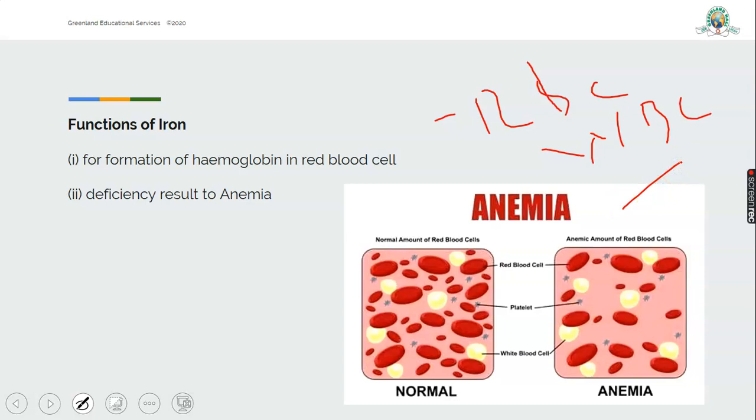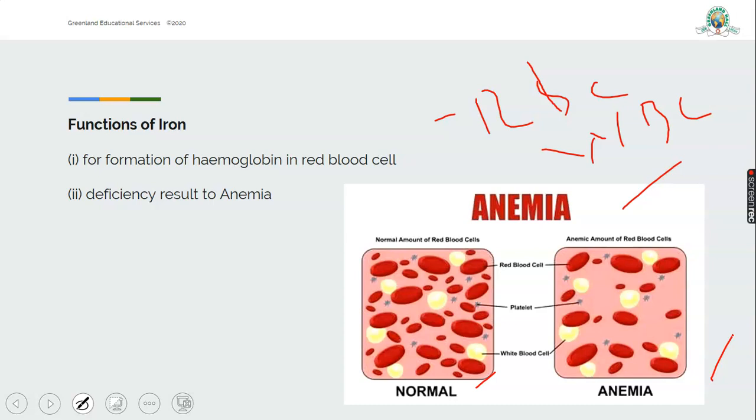Now, look at the two diagrams there. The normal and the anemia. Can we spot the difference there? Yes? You say what? So the platelets for the normal are many.